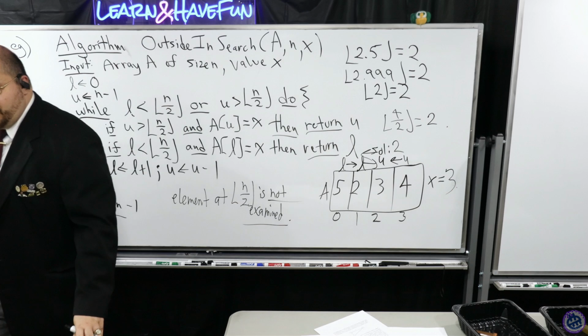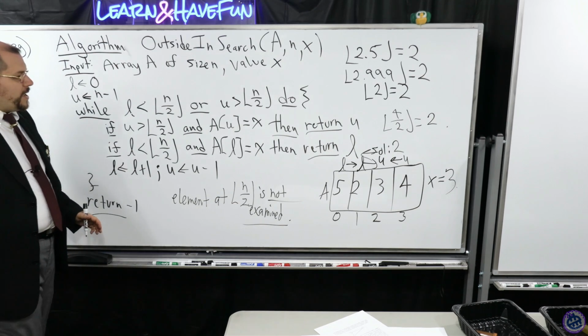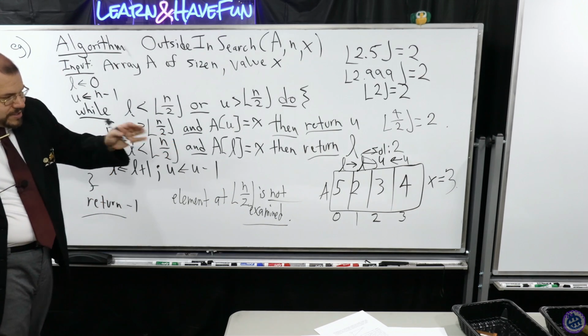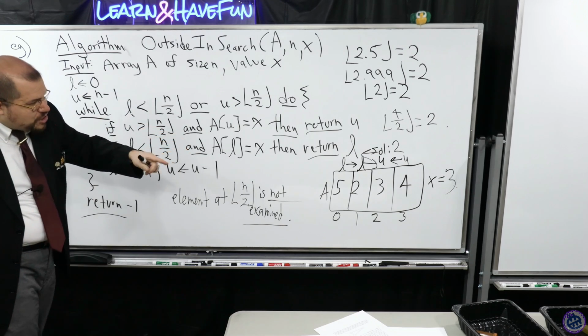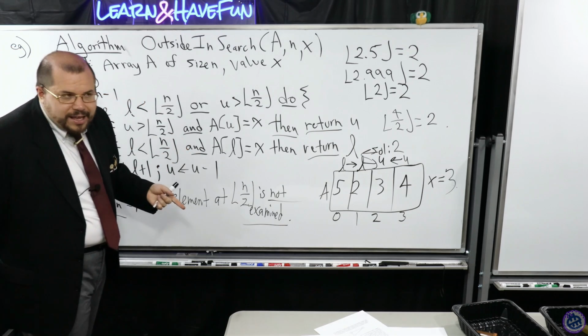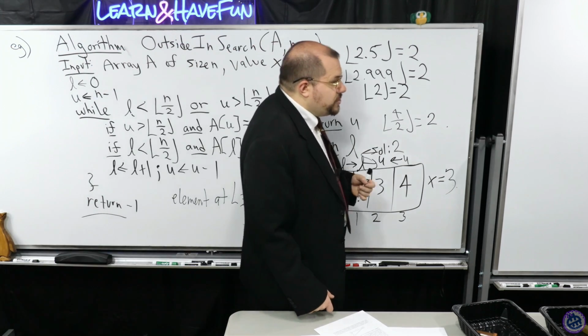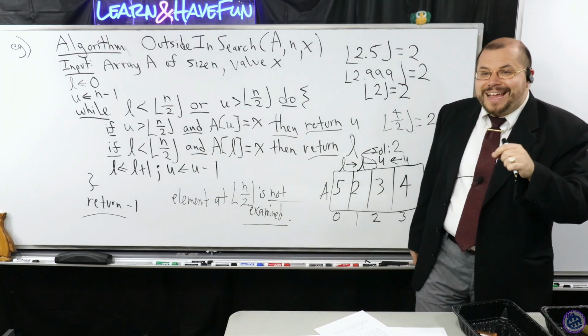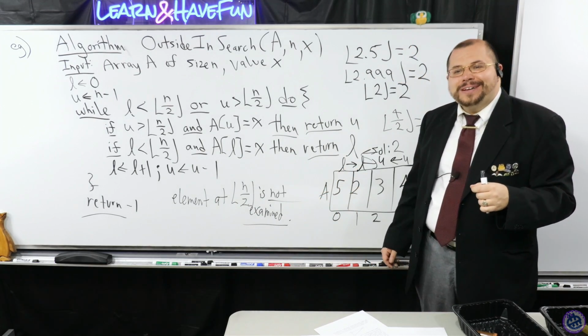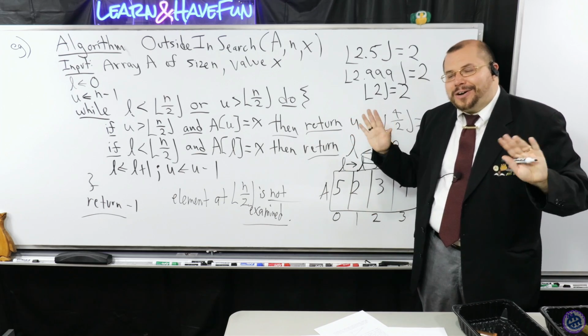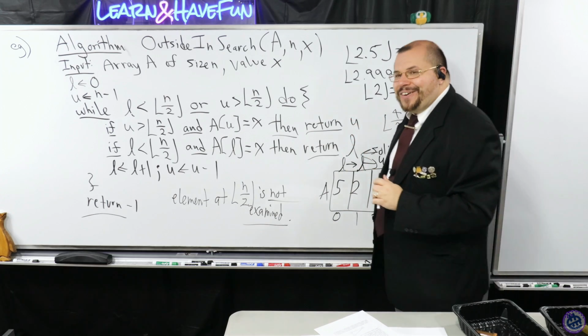The way to resolve this issue, and I must stress that you can create counterexamples just like this one: all you do is create an arbitrary array of length n, and you place x right at the position of the floor of n over 2, and that guarantees you're not going to find it.